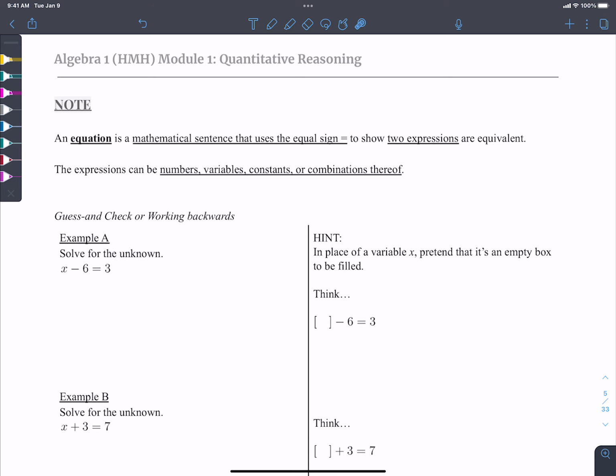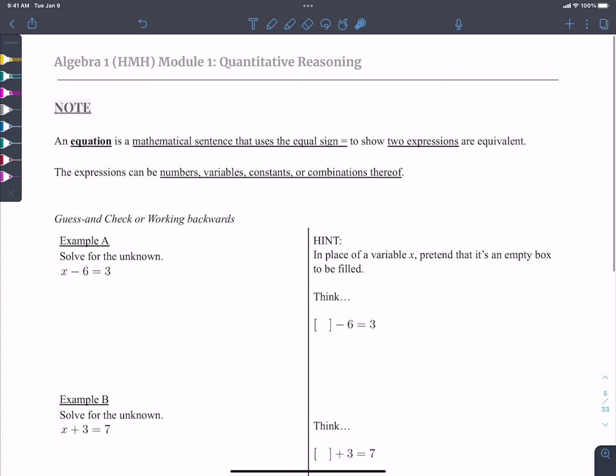Let's try solving equations with a guess and check and working backwards approach. Think of x as something, like an empty box to be filled right here. So what number minus 6 do you think gives you 3? If you're thinking 9, that is correct, right?